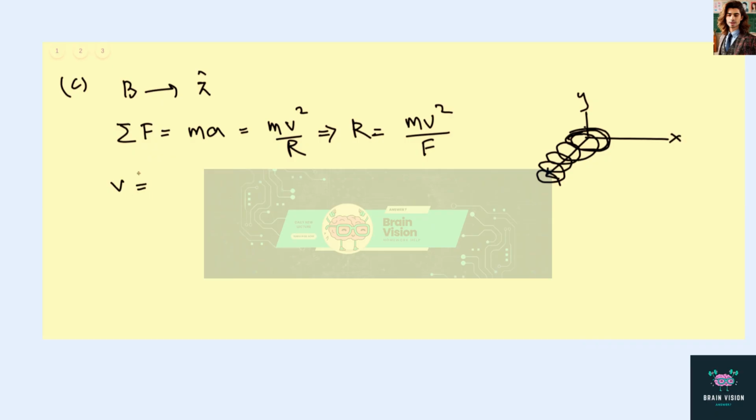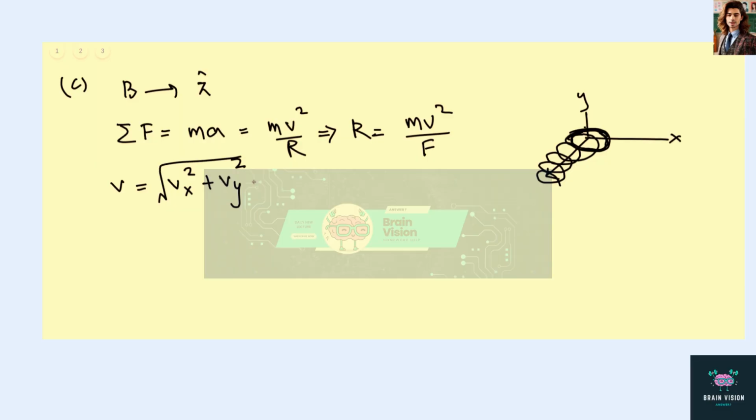So let's first find the magnitude of the velocity. So this is going to be equal to the square root of vx squared plus vy squared. We don't need vz squared over here because the force is in the xy plane and the centripetal motion, the linear velocity is only due to the x and y components.